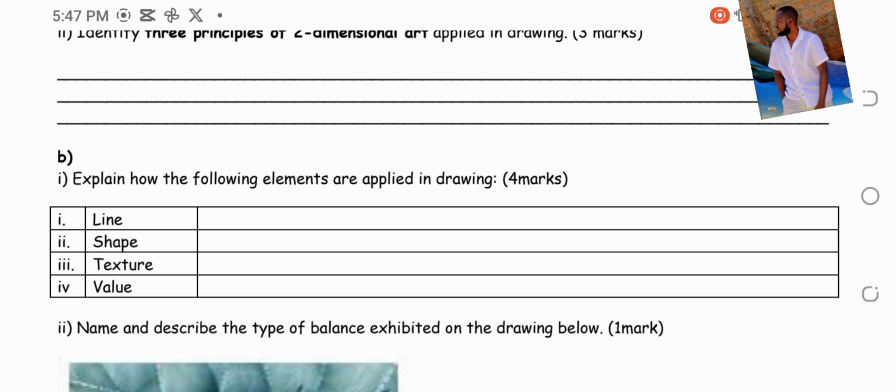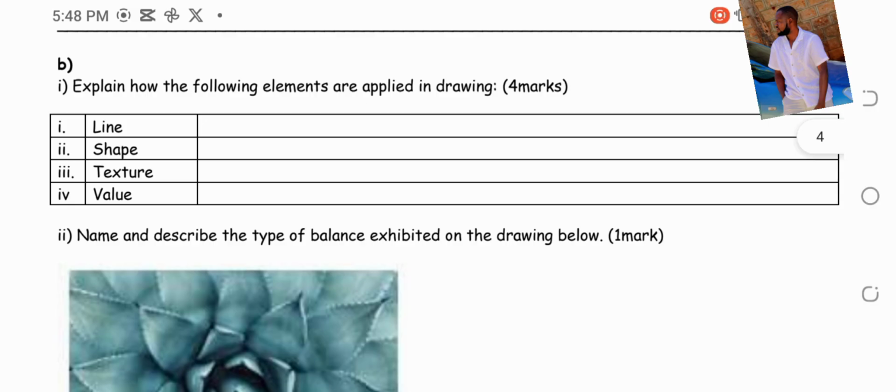Shape forms objects using geometric or organic shapes. In general, we say the shapes are used for forming objects. Then texture. Texture, we say, creates surface quality, which is smooth or rough. Then value. Value, this one, use of light or dark shading to create depth. We are able to understand the depth of a drawing using the value, which is light to dark.